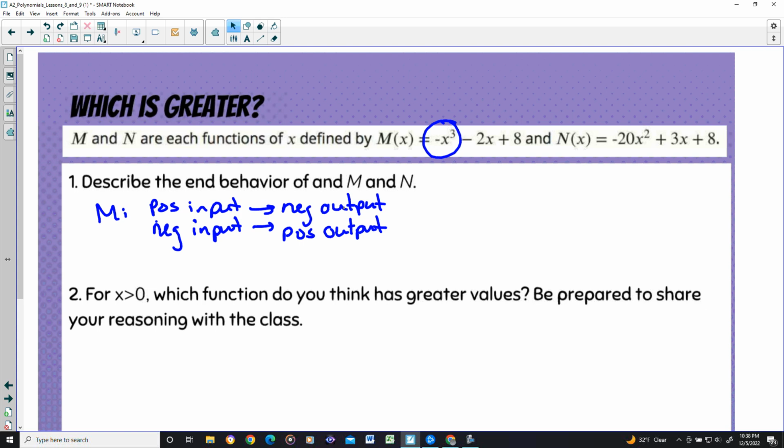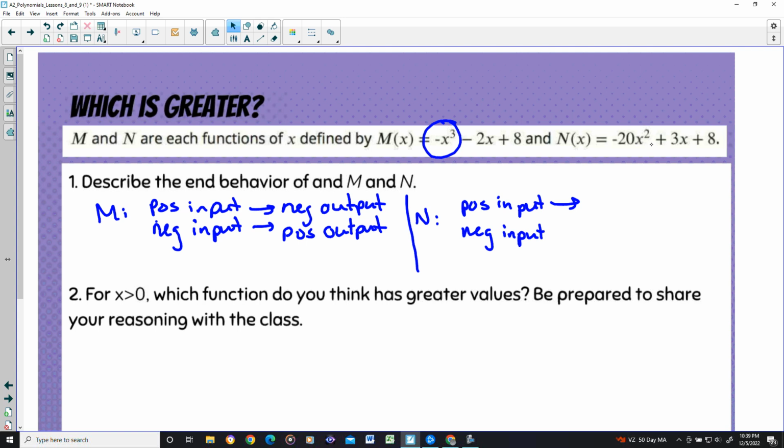Okay. What about for n? Positive input, negative input. So the positive input, what's going to happen? Again, when you square something, it will always be positive, whether positive or negative, doesn't matter.